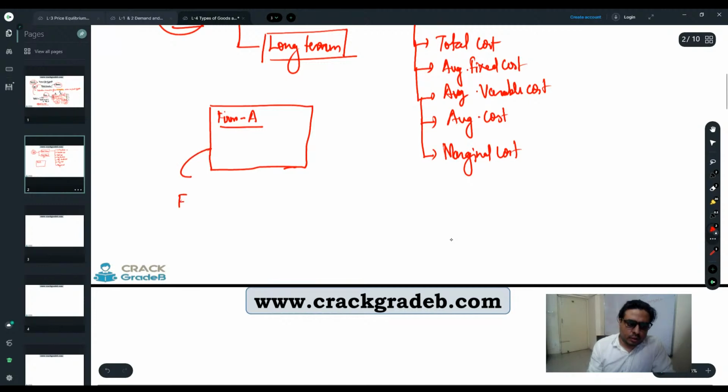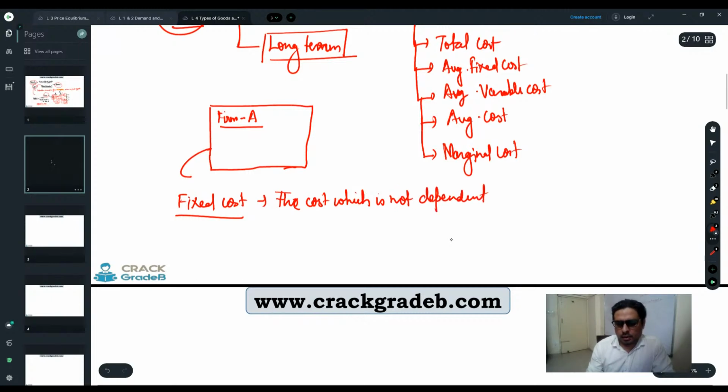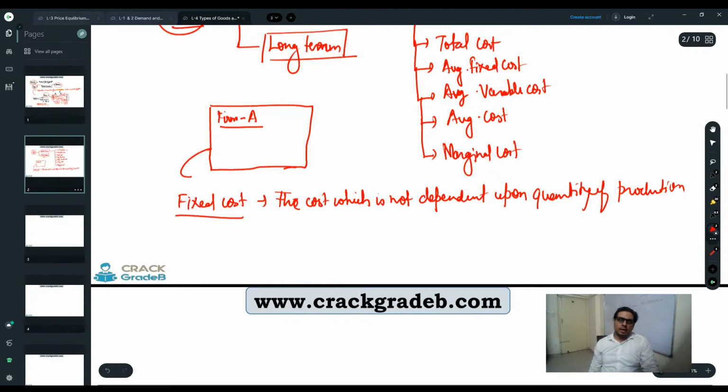So when we have to define the fixed cost of this firm, it is the cost which is not dependent upon the quantity of production. Whatever the quantity we are producing, it doesn't matter. Then that cost is fixed cost.